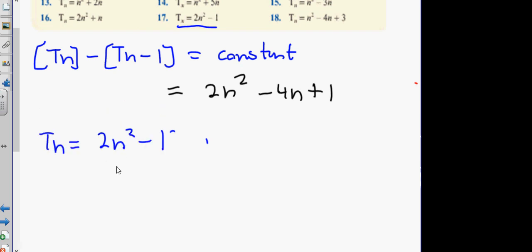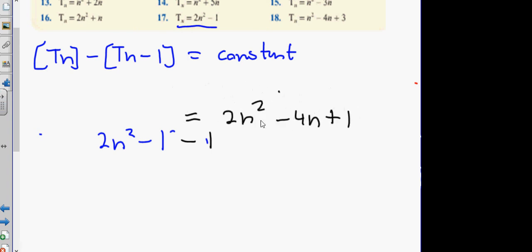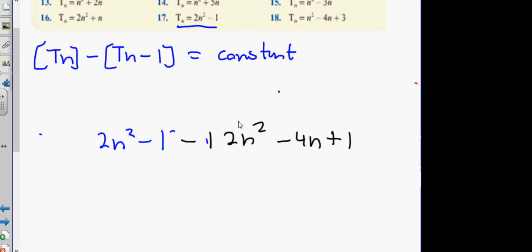So Tn is 2n squared minus 1, and what we got to take away from that is Tn minus 1, and we know that Tn minus 1 is this part here. So we're just going to bring that beside it and take it away. So that's it there, and then you put in your brackets.